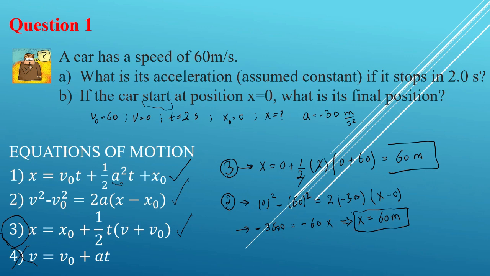Imagine for some reason my answer for part A, where I look for the acceleration, was wrong for any reason. Then my answer for part B is also going to be wrong because I use that value and put it in this equation and then solve it, right? To avoid this kind of problem, it's better to not use the answer you got from the previous part.